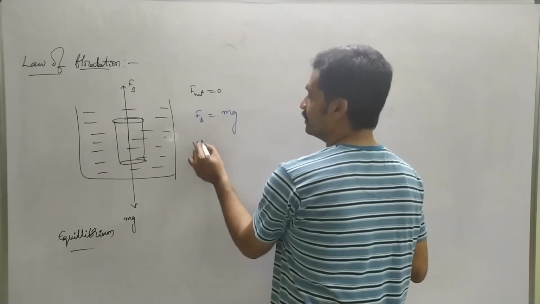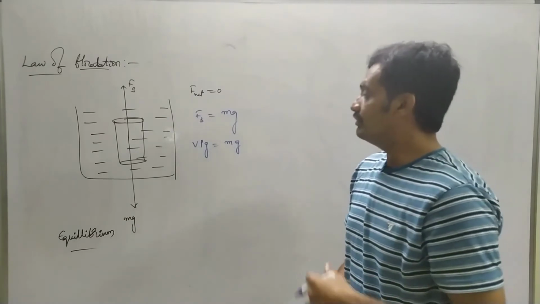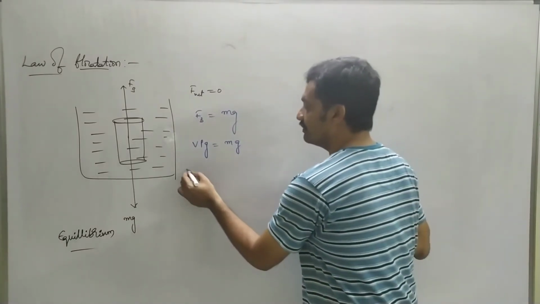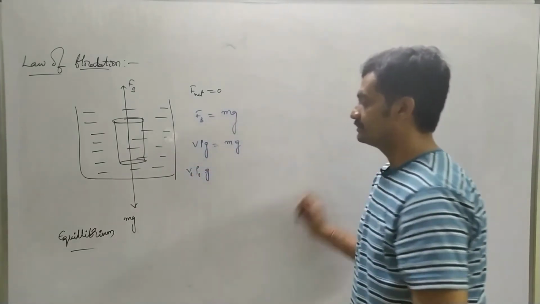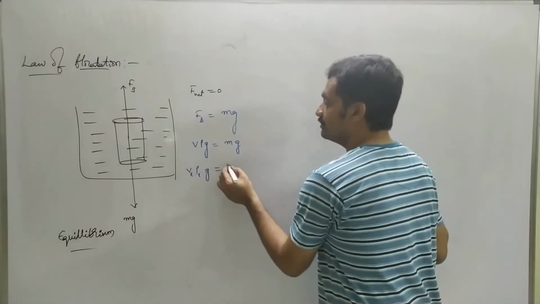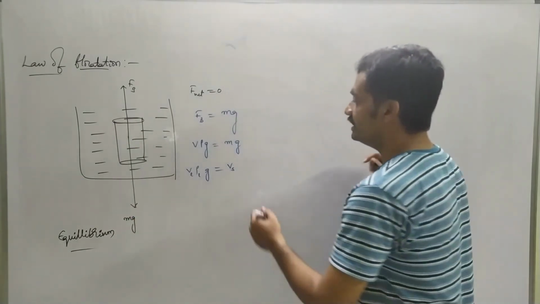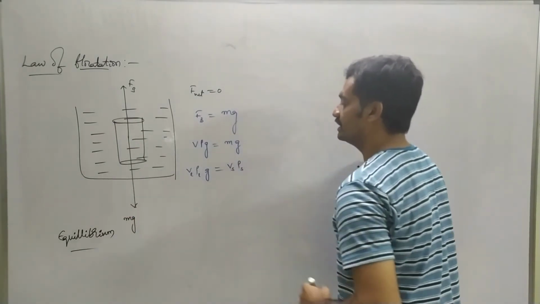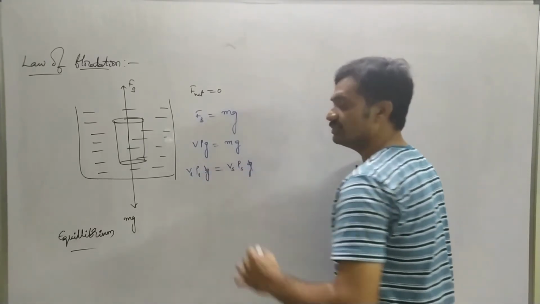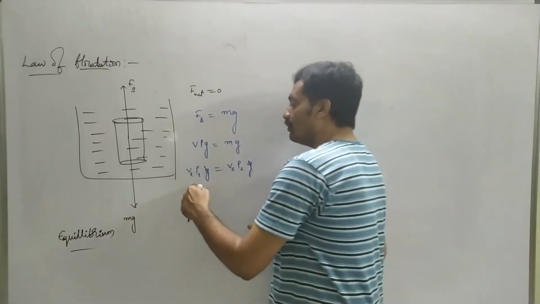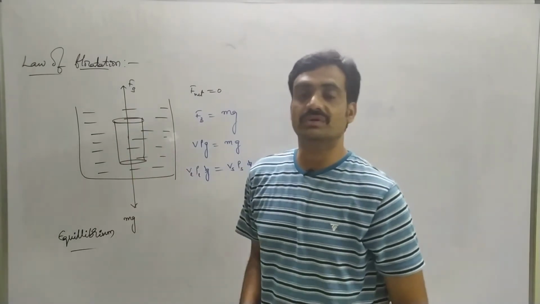So V rho g is equal to m g, where V is the volume of the body within the fluid, nothing but volume of the fluid displaced, V suffix L into rho suffix L into g, is equal to the volume of the solid body into density of the solid body into acceleration due to gravity. Observe that g gets cancelled on both sides. Whereas volume can be represented in terms of area as well as height of this body.